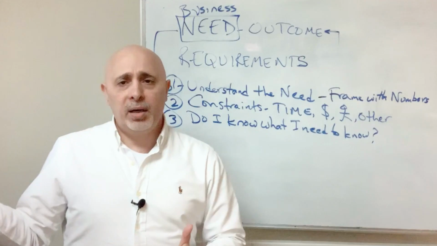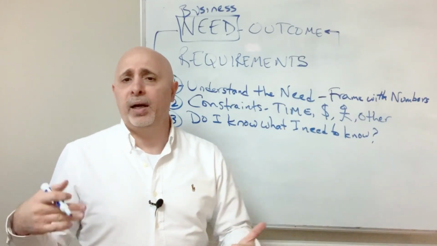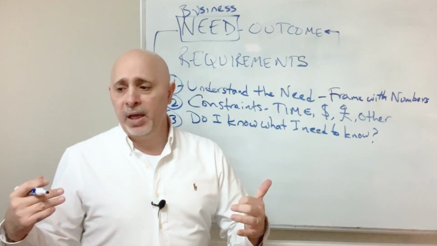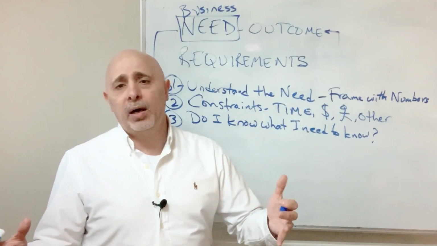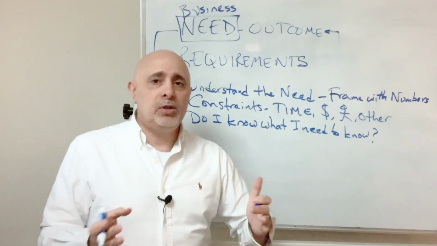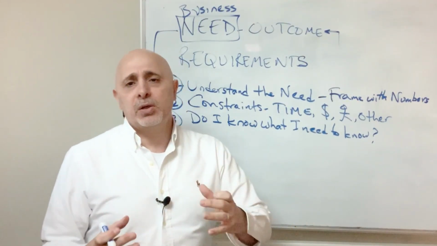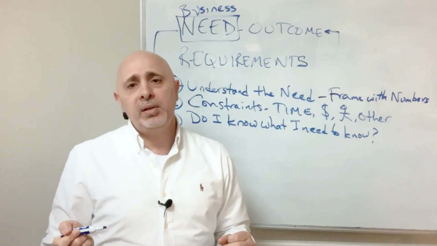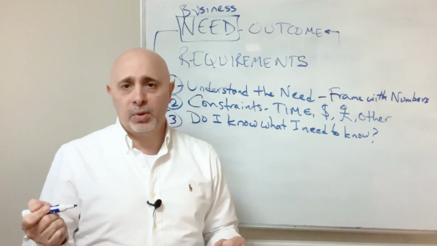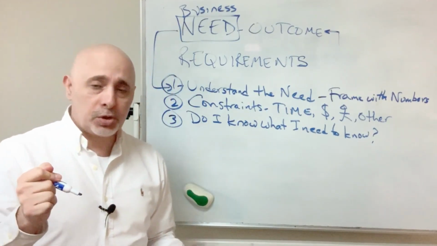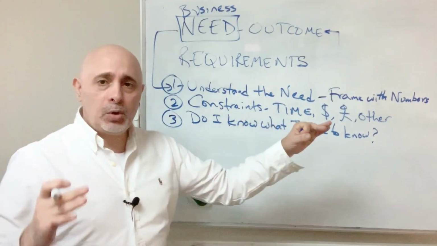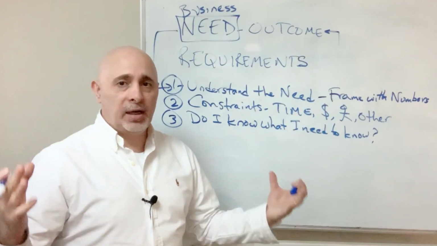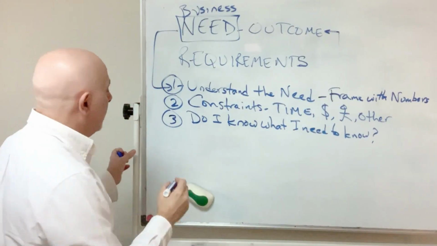Item number 4, are there any rules that I need to follow? Item number 5, maybe what systems are in place right now that will need to be replaced by the new system. So you need to make a list of all the things that you need to figure out for this solution. Assuming you figured out all the items that you need clarification on, then you go to step number 4.